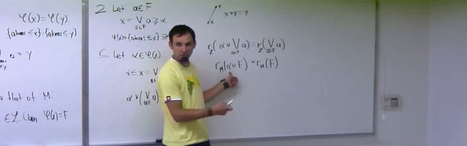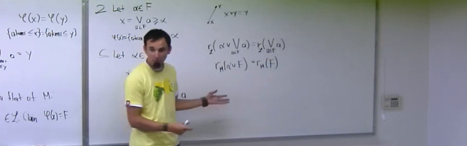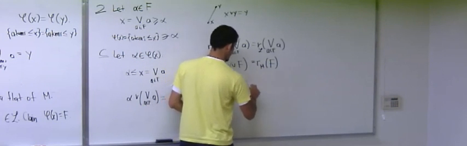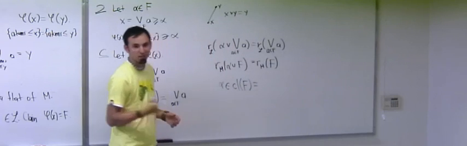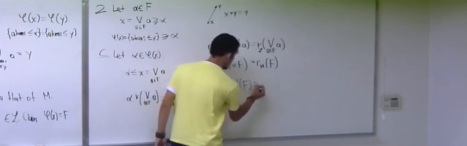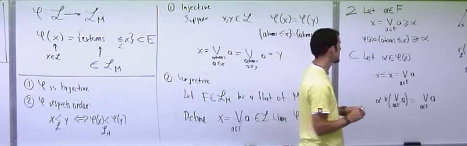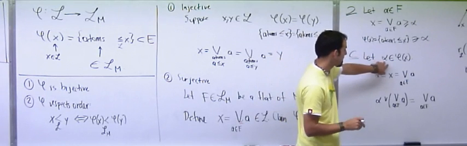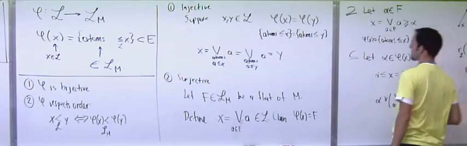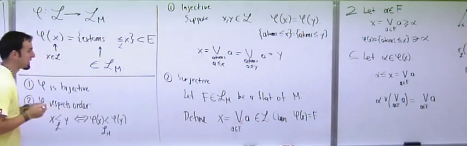Then that means, remember, this is basically the definition of closure: alpha is in the closure of F. So what's the closure of F? Well, I assume that F is a flat, so it's already closed. Therefore, I started with an alpha in phi of x, and I showed that alpha is in F. So I get my inclusion, and I get that my map is surjective.